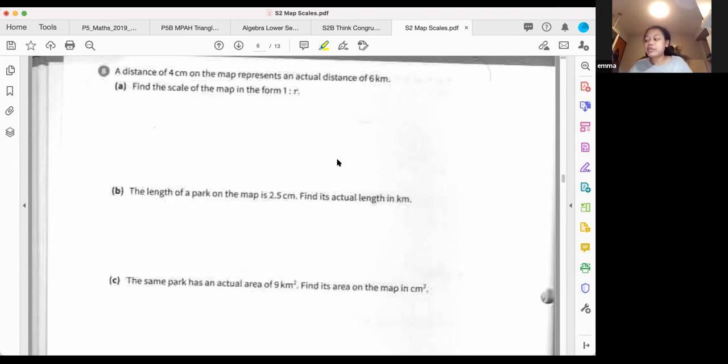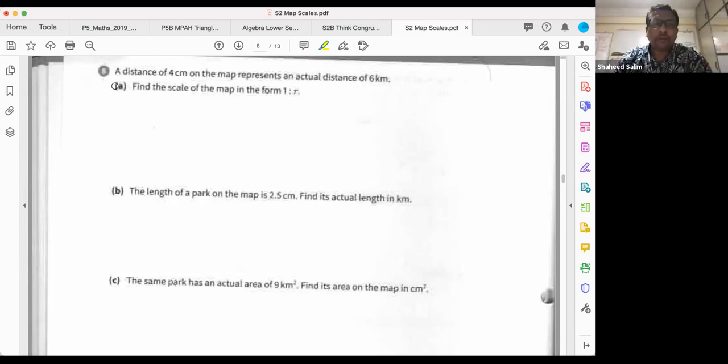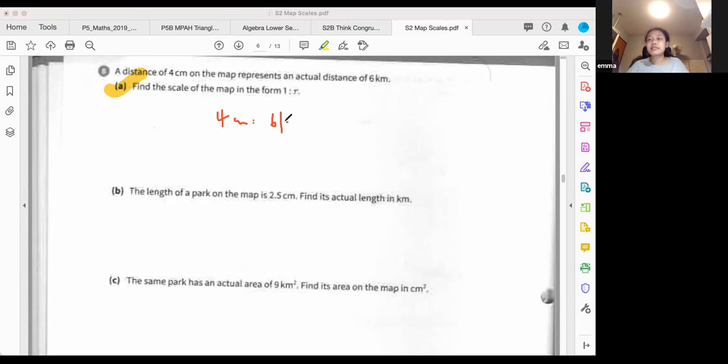0.24 m. Wait. What's your answer for A? 0.24 m. 4 cm. Did you find 1 cm first?